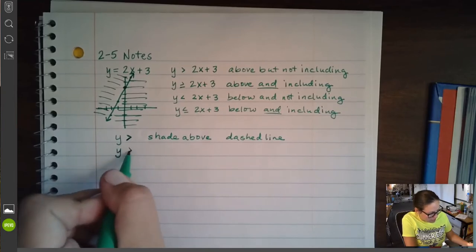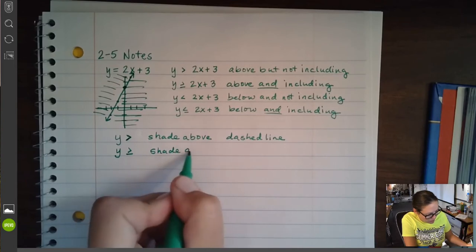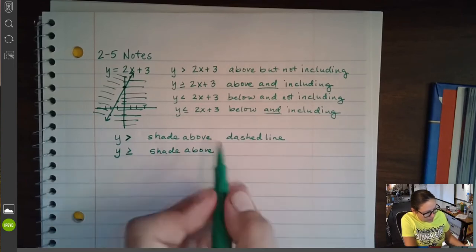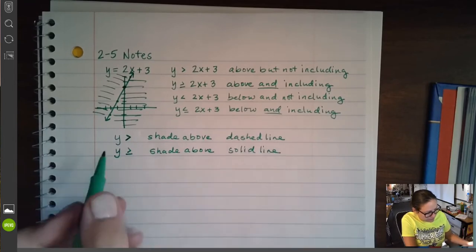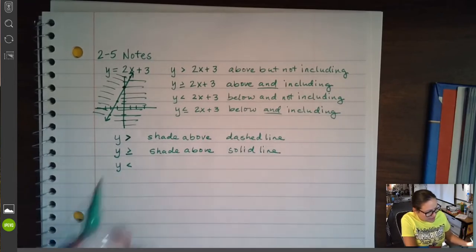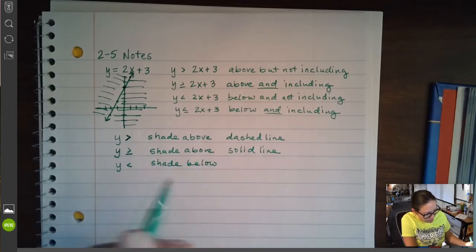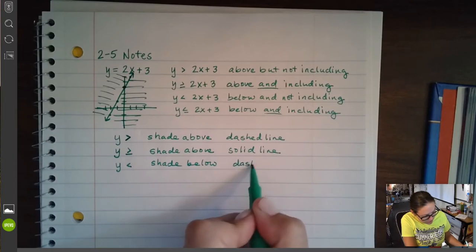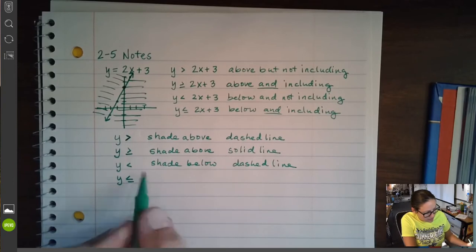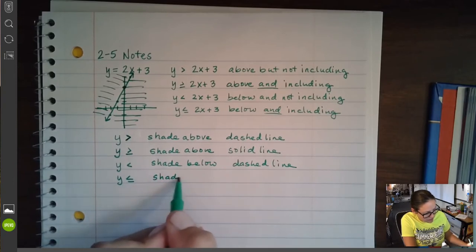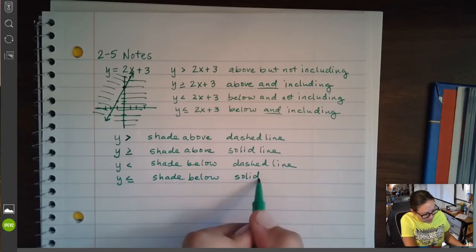If y is greater than or equal to, we shade above and have a solid line. If y is less than, we're going to shade below and have a dashed line. And if y is less than or equal to, we're going to shade below and have a solid line.